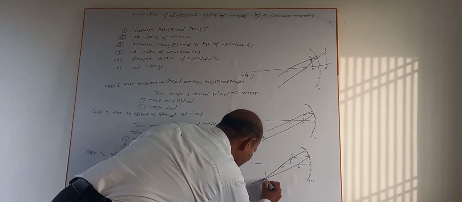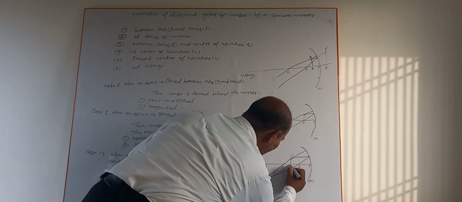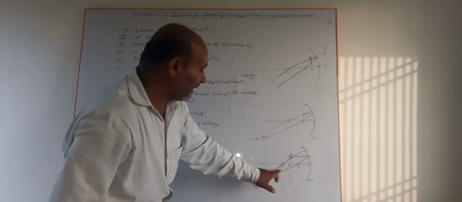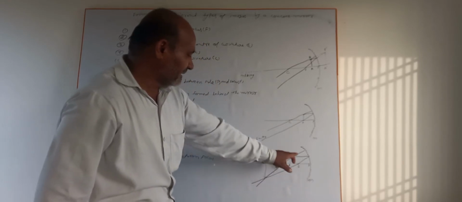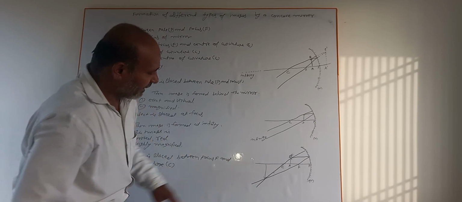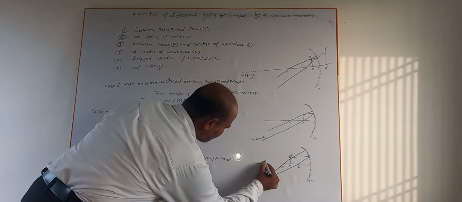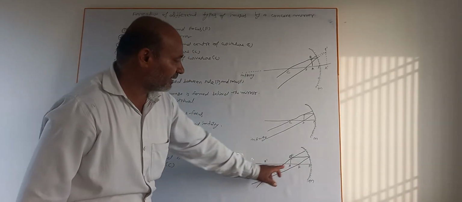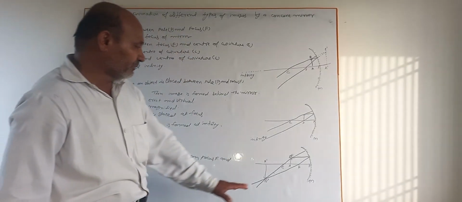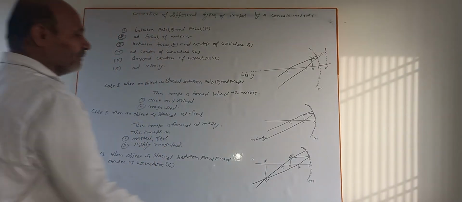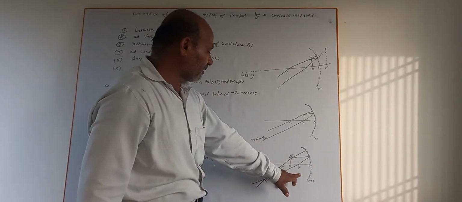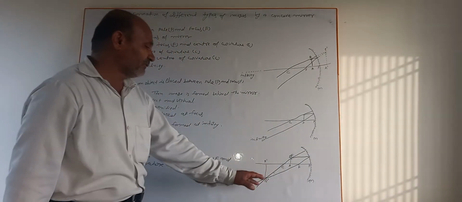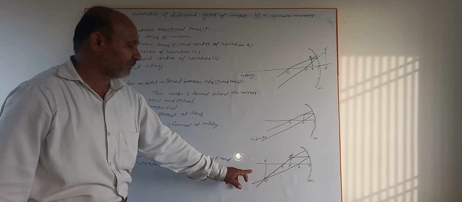In this case, you are observing that an object AB is placed between focus and center of curvature. Its image is formed at A dash B dash, which is beyond the center of curvature. So we can say that when an object is placed between focus and center of curvature of a concave mirror, then the image will form beyond the center of curvature.